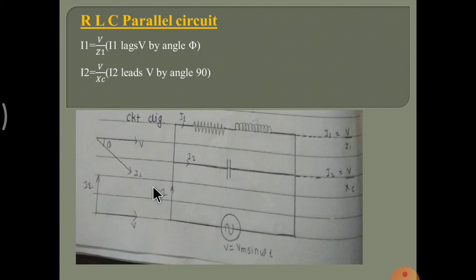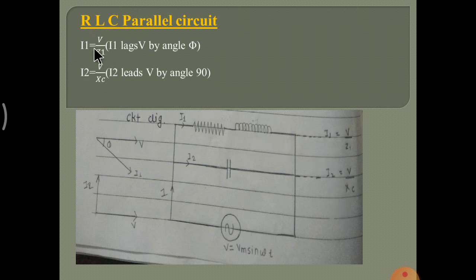That is, the first phasor diagram shows the RL series circuit, and this is the parallel capacitor phasor diagram. Then for the RLC parallel circuit, both phasor diagrams combine, and we get the RLC parallel circuit phasor diagram, which is in the next slide.